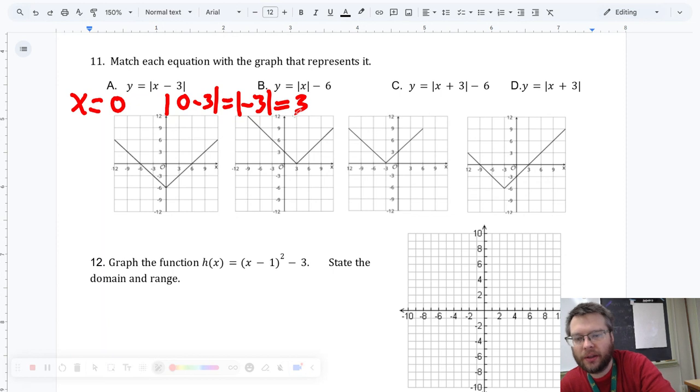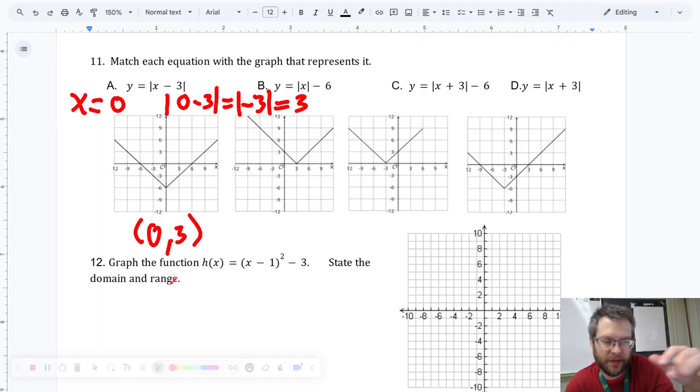So I know that on one of those graphs, there should be the point 0, 3, which I could also write as f of 0 equals 3. There are two possible graphs that work here. This graph right here, 0, 3, and this graph right here, 0, 3. So just by plugging in the number x equals 0, we've narrowed down which graph it is.